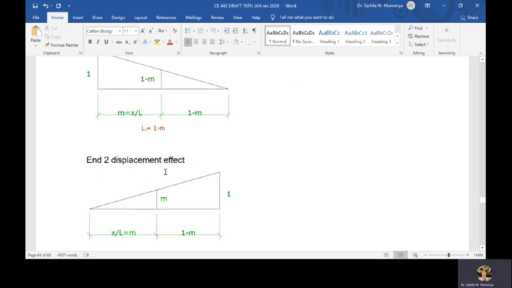And if I give node 2 a unit displacement as shown there, and node 1 remains at 0, then in an assumed linear displacement, again, I'll be able to define the displacement of every point as a value m, as shown there.